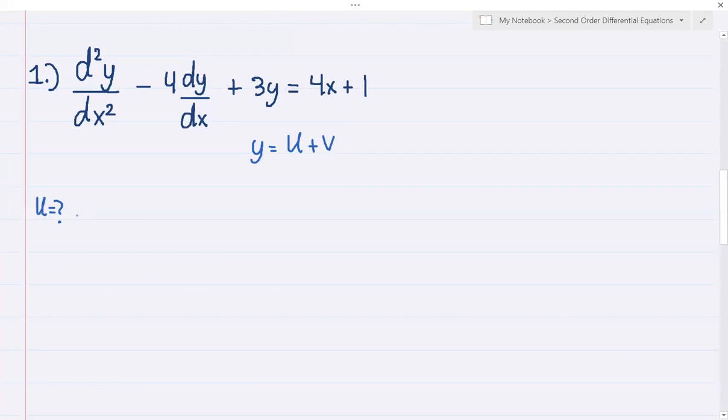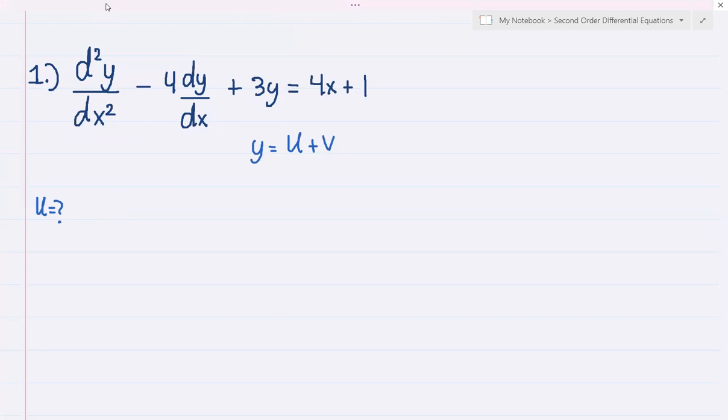So by getting your u, basically, as I mentioned, is the same way on how you would find the general solution for a second order homogeneous differential equation. So first, you're going to transform this expression into the operator form.